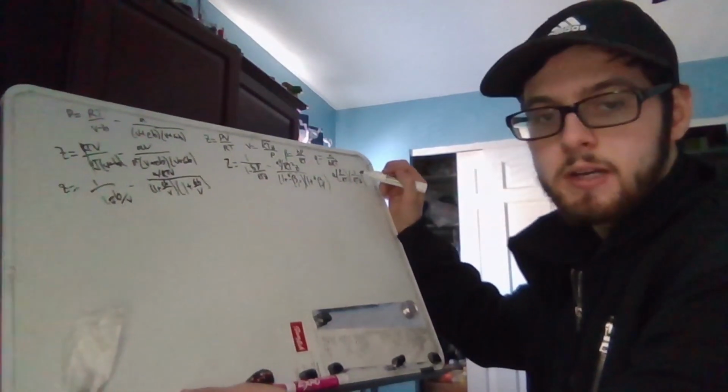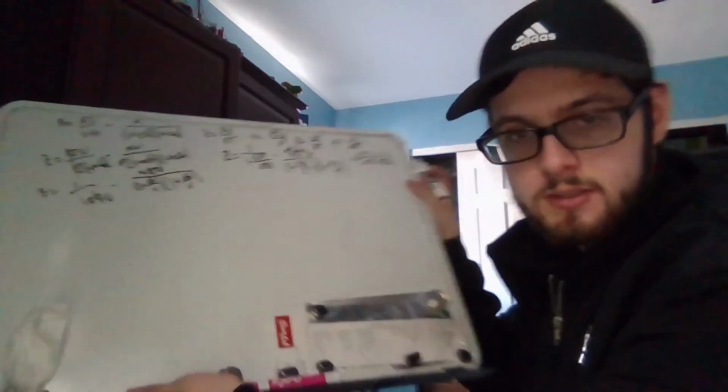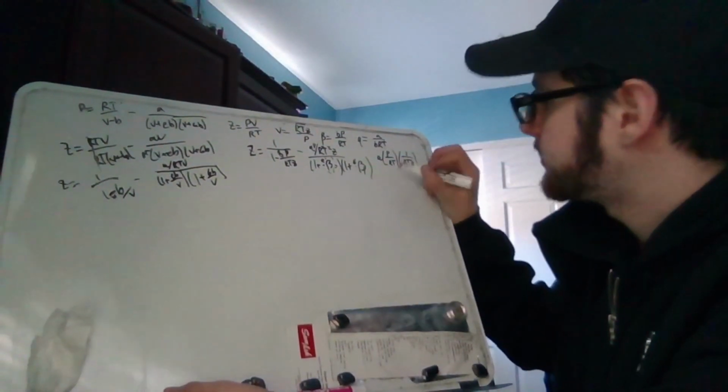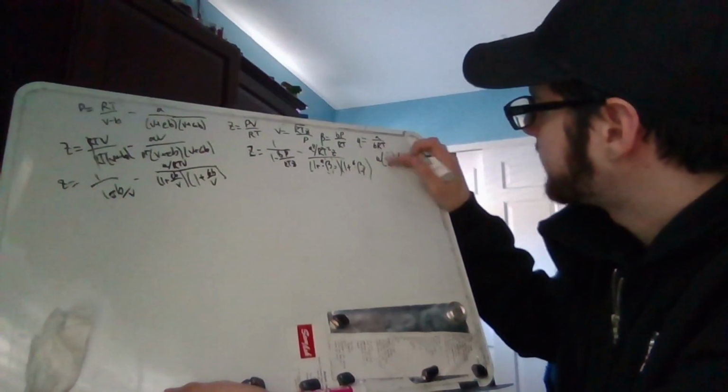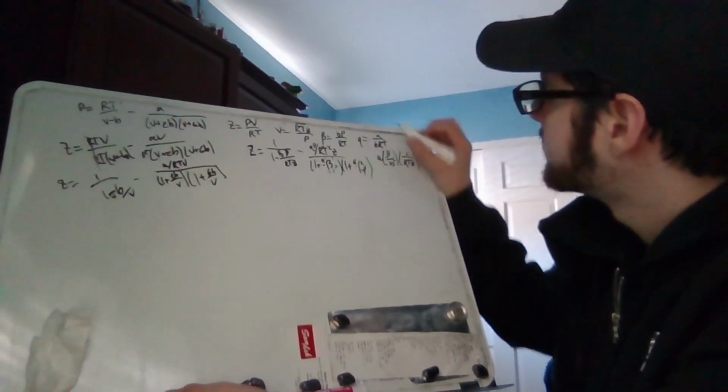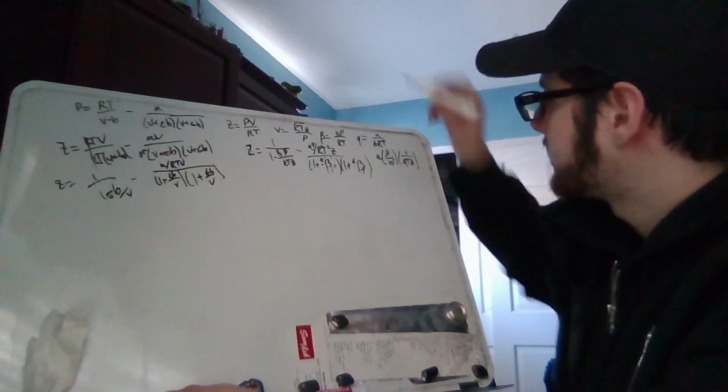And this right here, P over RT, is equal to beta over b, because you're just missing this one b here.